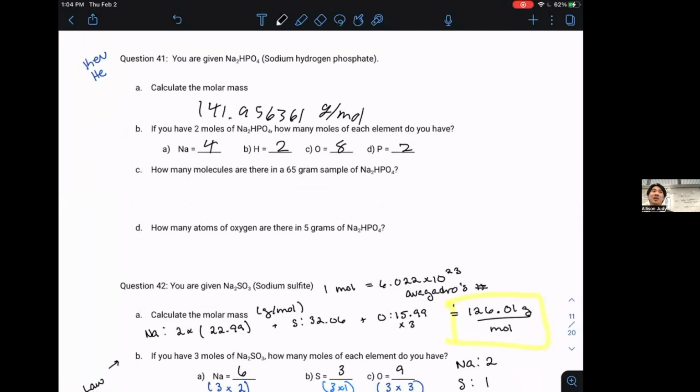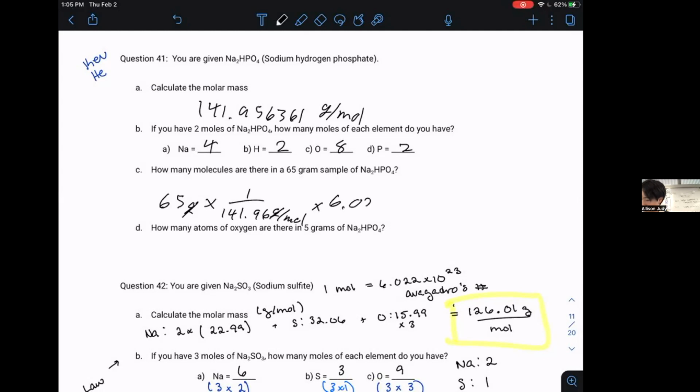Someone want to volunteer? So basically you have to find the molar ratio, and then you do 65 grams times 1 over your molar mass, which is 141.96, and then you multiply that all by Avogadro's number, which is 6.022 times 10 to the 23rd.